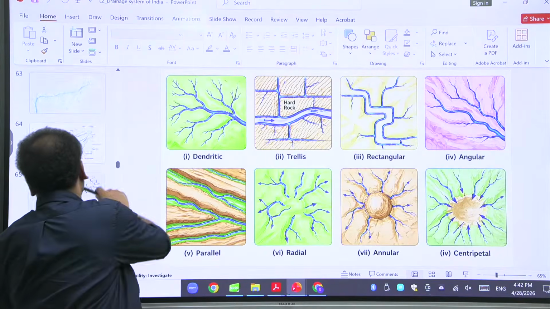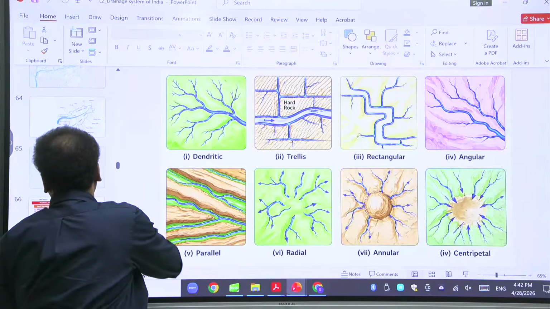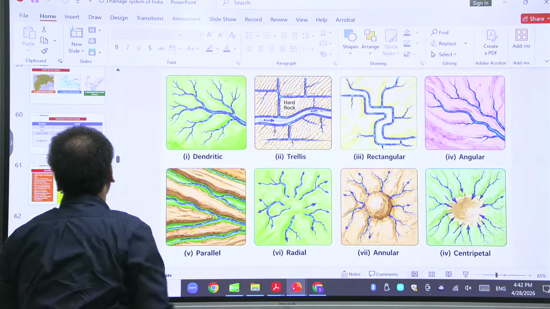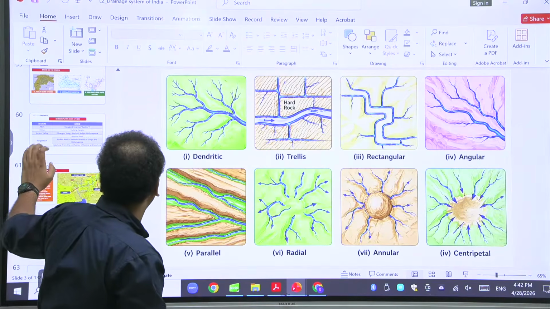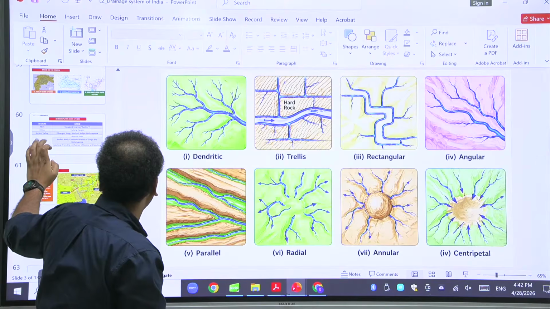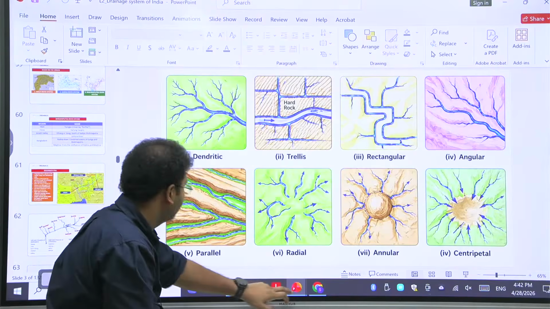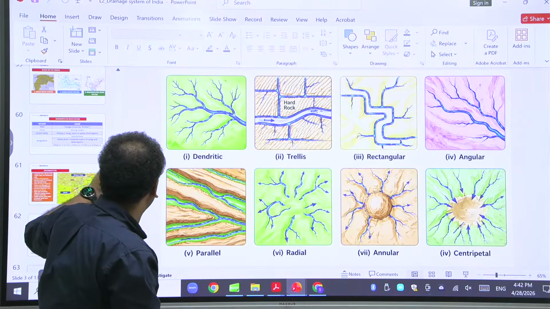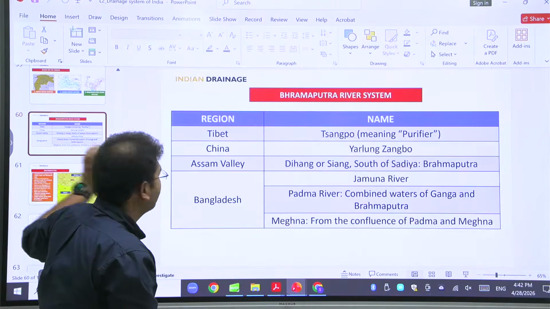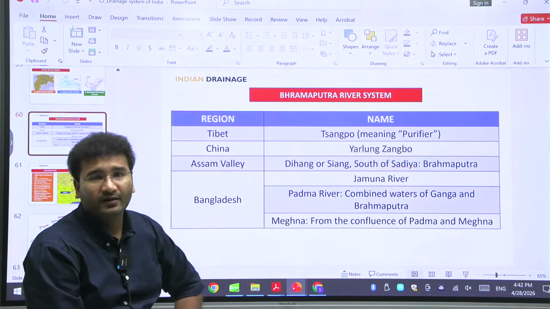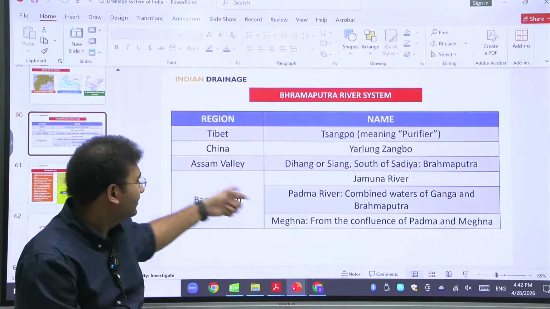Right bank and left bank tributaries. And you have these two.